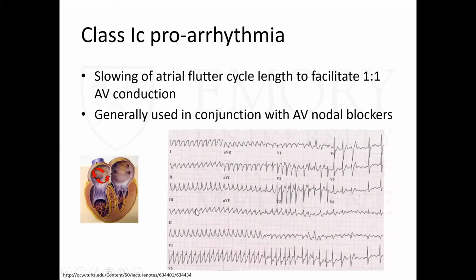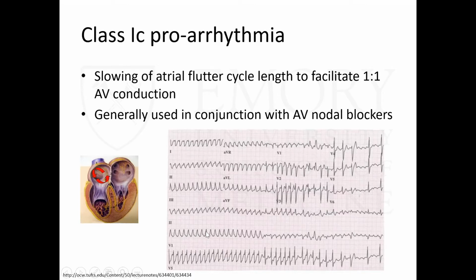And because this can occur with class 1C antiarrhythmics, we generally put people on nodal agents, some beta blocker, a calcium channel blocker or something, along with the class 1C antiarrhythmic, so that even if the flutter does slow down, the nodal agent will prevent the AV node from conducting 1-to-1 at 200 or 225 beats per minute or something. But this EKG is kind of what it looks like.